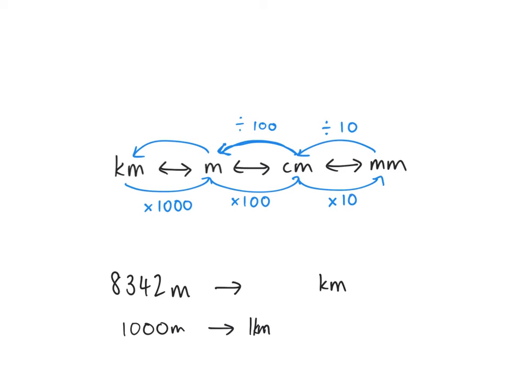So that means that 8,000 is 8 kilometres. And the other numbers will go after your decimal because they're the part of the kilometre, the 0.342. So try and focus on the bits you know. Well, the thousands must be the kilometres. And if you want a way to do it, you would divide by 1,000.